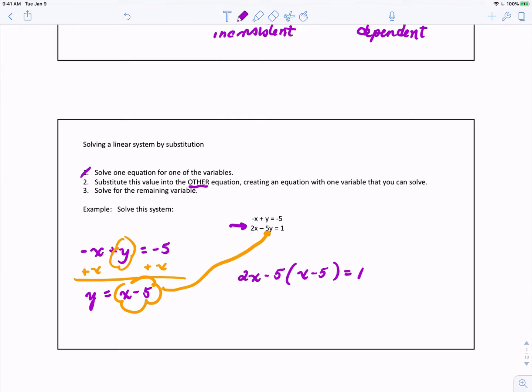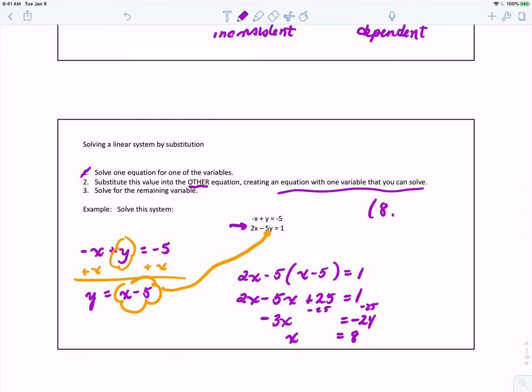This gives us an equation with one variable that we can now solve. 2x minus 5x plus 25 is equal to 1, negative 3x, and I'll subtract 25 from each side in one step. Negative 3x is equal to negative 24, and dividing by negative 3, we find out x is equal to 8. Once we know that x is equal to 8, we have to solve for y.